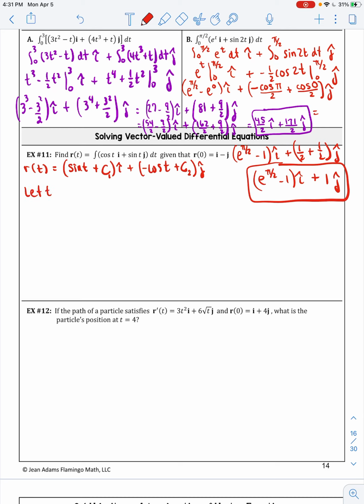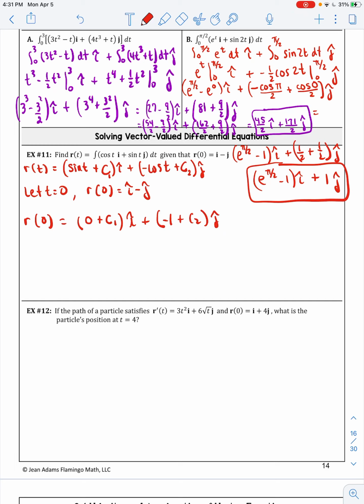So now if we let t equals 0 and r of 0 equal i minus j, then our r of 0 equals sine of 0, which is 0, plus c1 times i, plus, and then this would be negative 1 plus c2, because if I put negative cosine of 0, that would be negative 1.